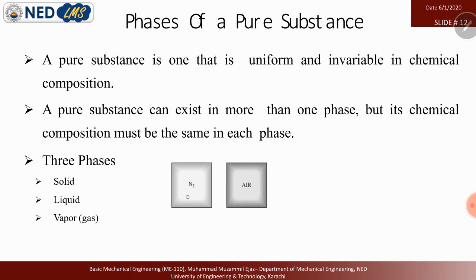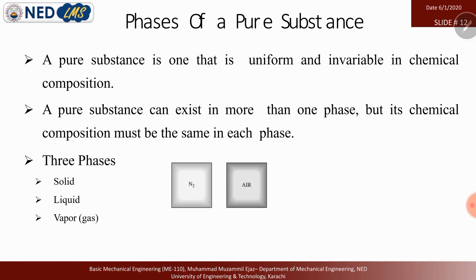So you can say that it is a pure substance. But in thermodynamics, anything which is not changing its chemical composition throughout its three phases, like solid, liquid, gas, can be called a pure substance in thermodynamics.